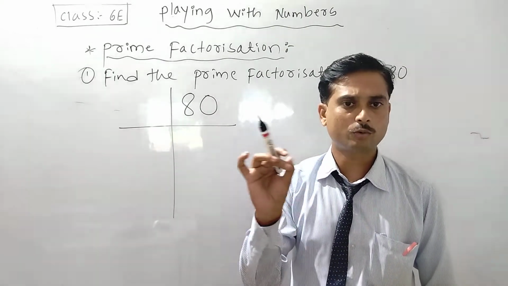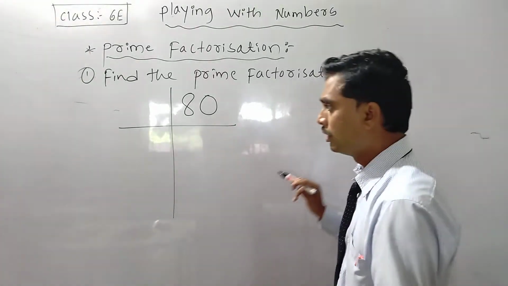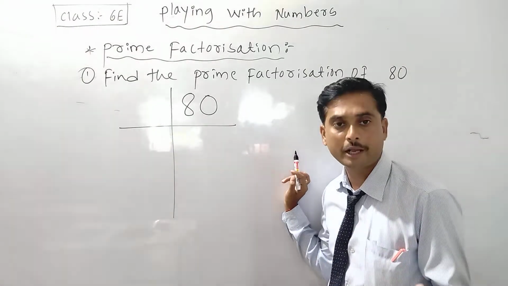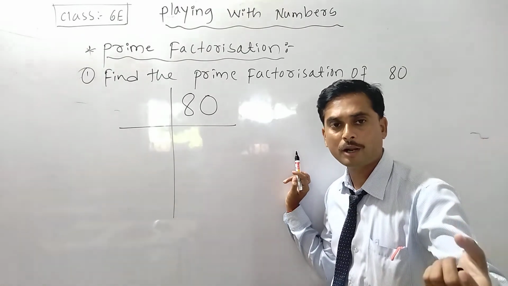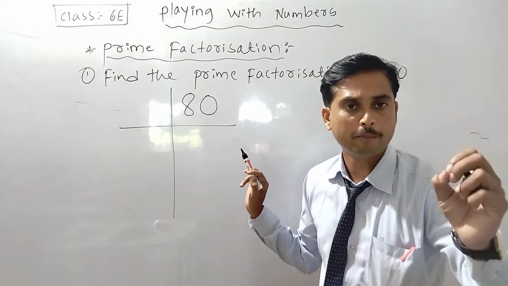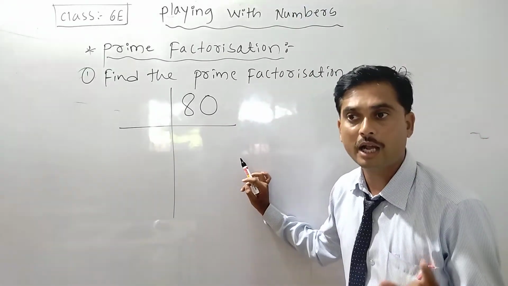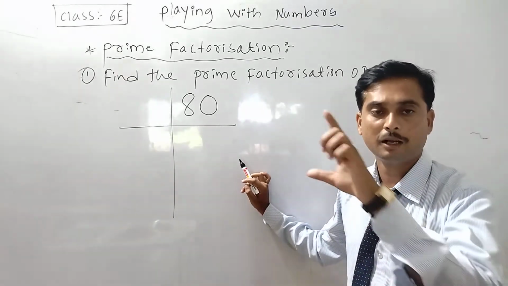It is very important. Now you have to think which is the prime number. Already you know the total prime numbers between 2 to 100, total 25 prime numbers are there. Already I gave homework also. You should list the prime numbers.